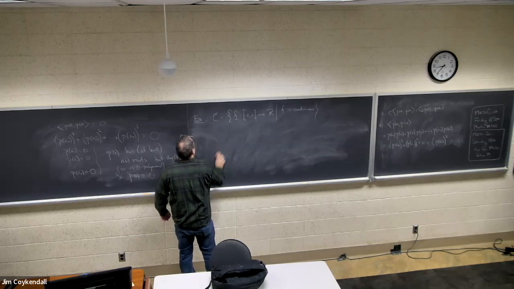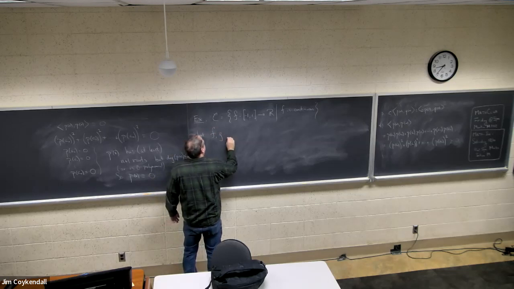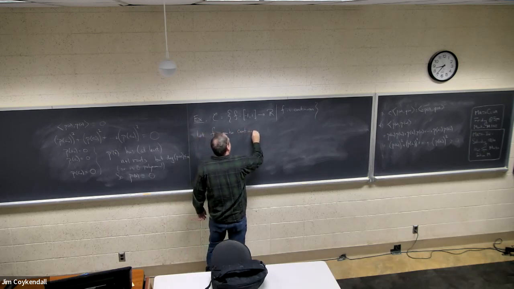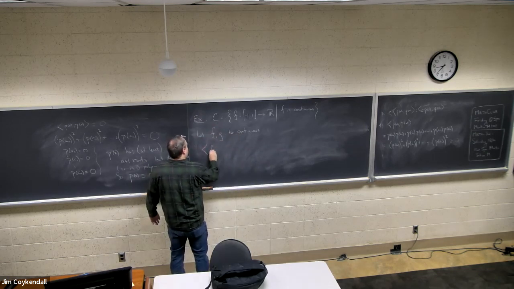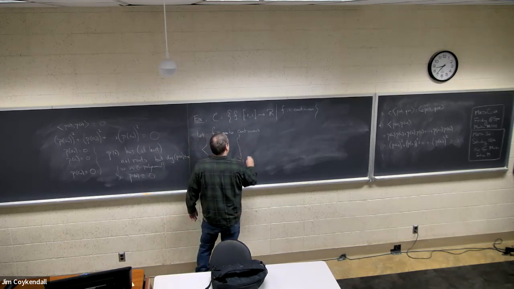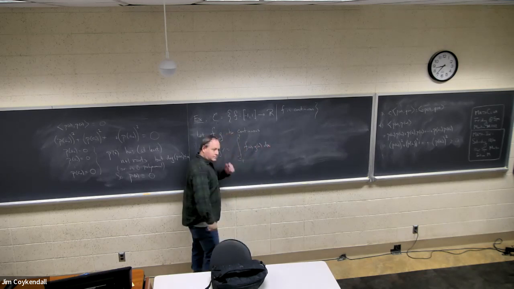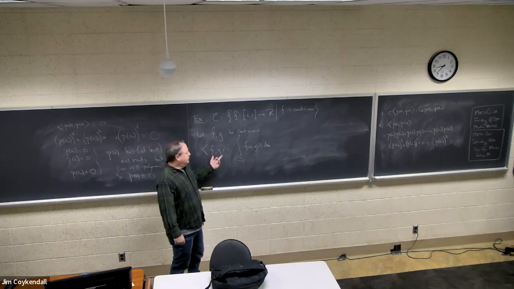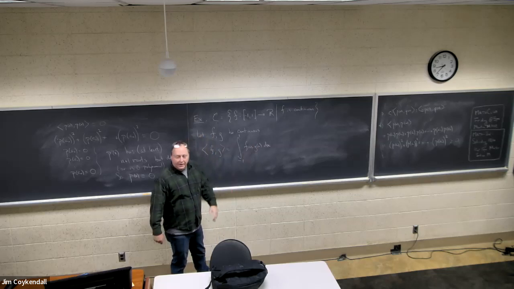So F and G are functions in C. I'm going to define the inner product of F and G to be the integral from -1 to 1 of F of x times G of x dx. Notice, I take two functions, multiply them together and integrate them, and that gives me an output.